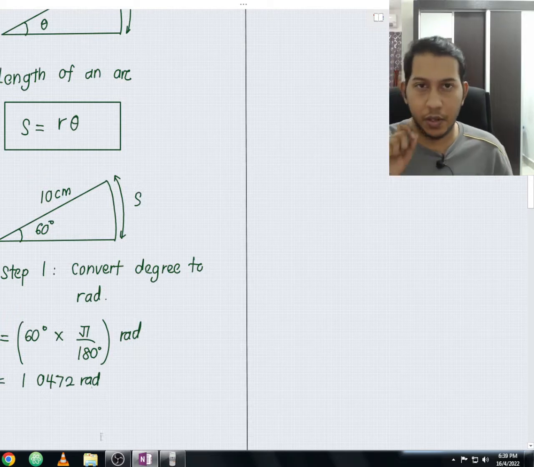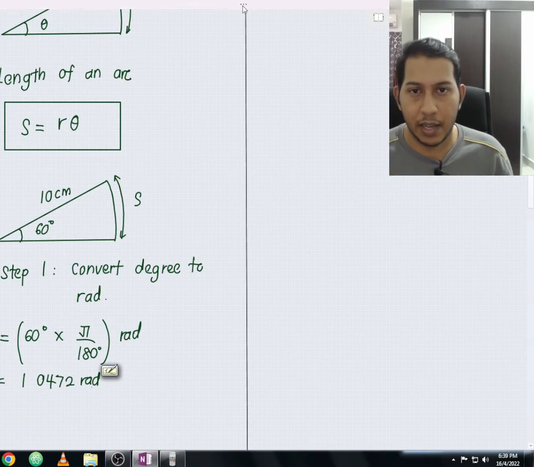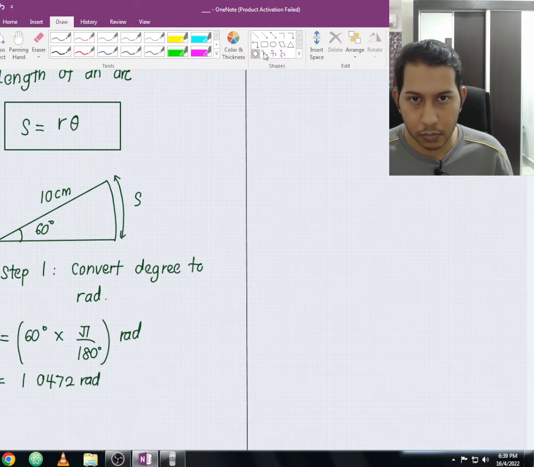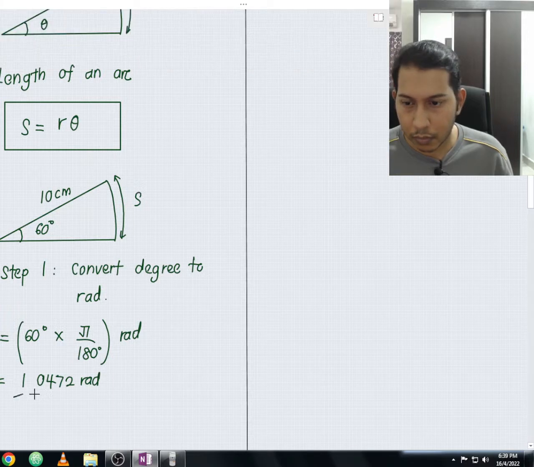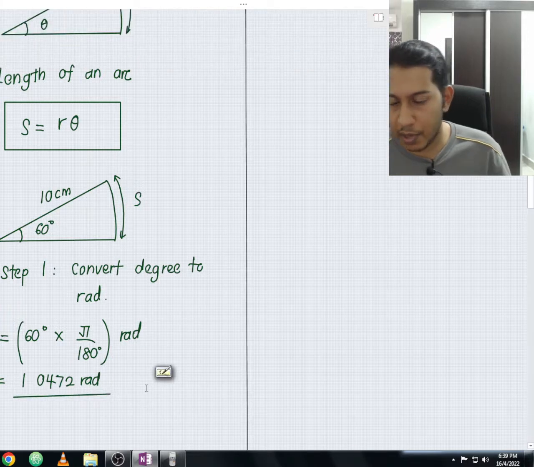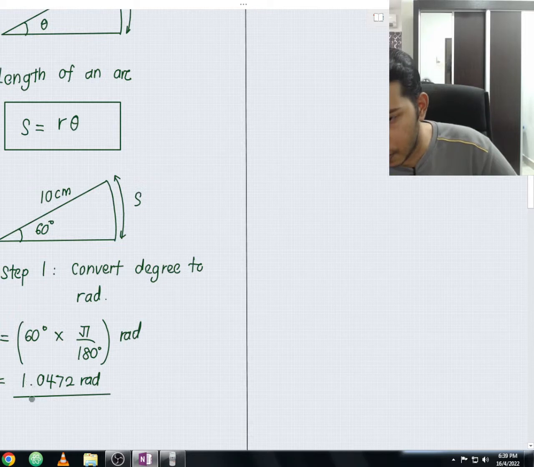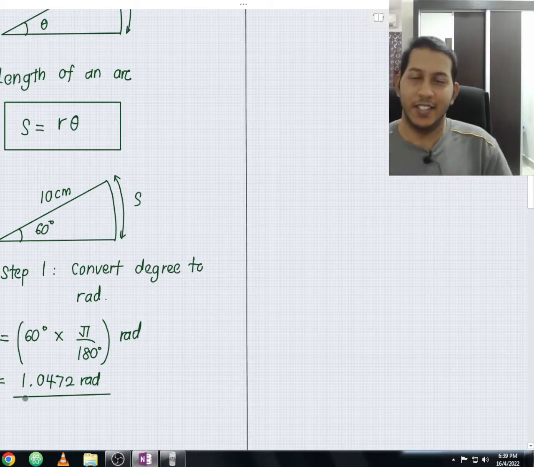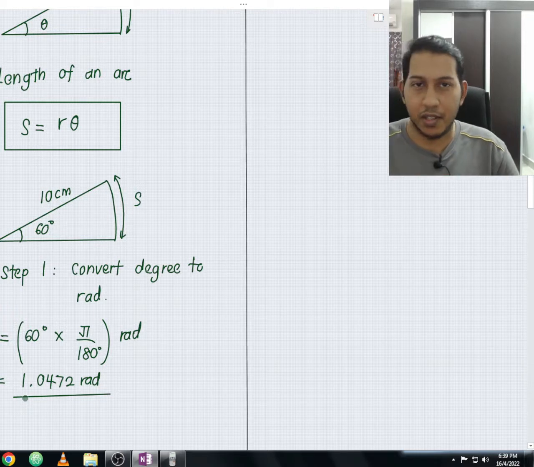So this is your first step. Let me underline this angle. I don't know why the decimal keeps disappearing like a ghost. Is there a ghost around? Just kidding, guys. Probably it's because of a computer glitch.